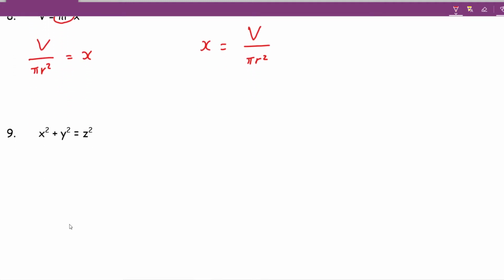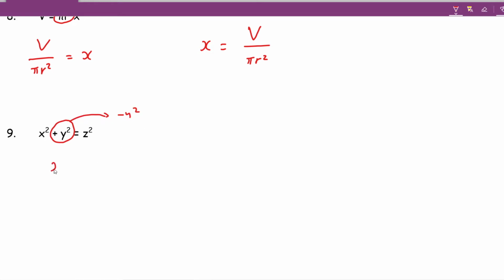Okay, let's look at this. This looks a bit tricky, but again, it's pretty standard once we stick to our techniques. First of all, we need to take the positive y squared to the opposite side, and the way we do that is minus y squared.